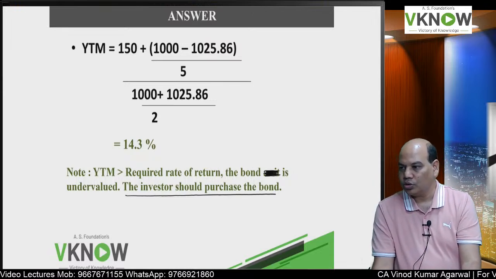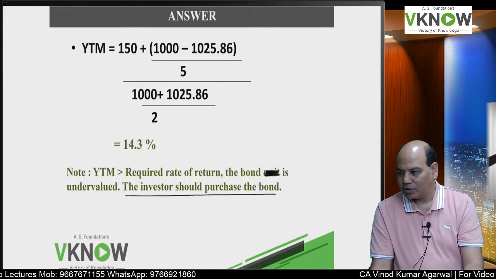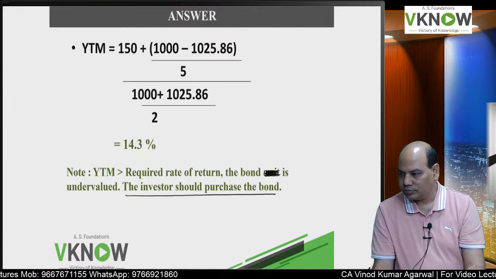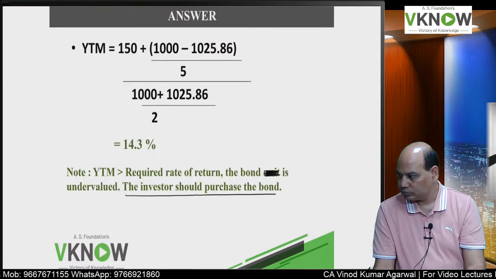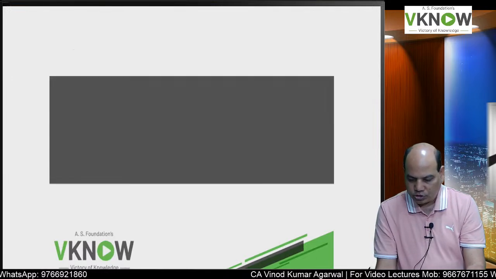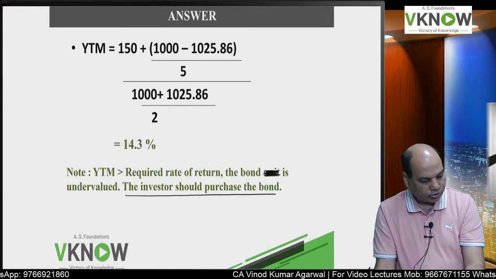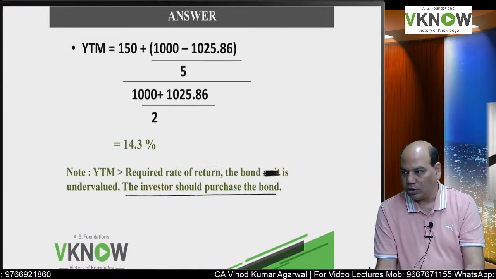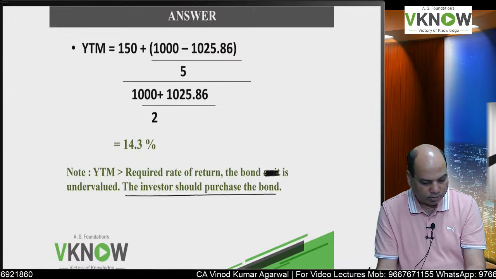The investor should purchase the bond. Is it right? This way also you can answer. So this was a very good question. It covered a lot of concepts in one single problem.